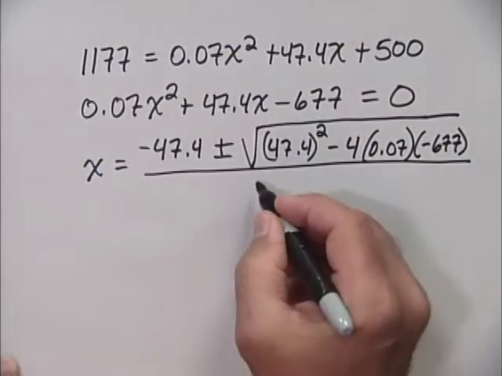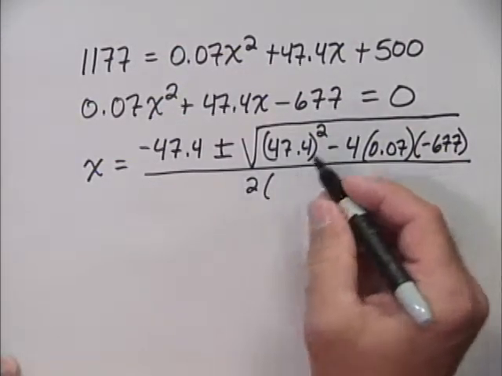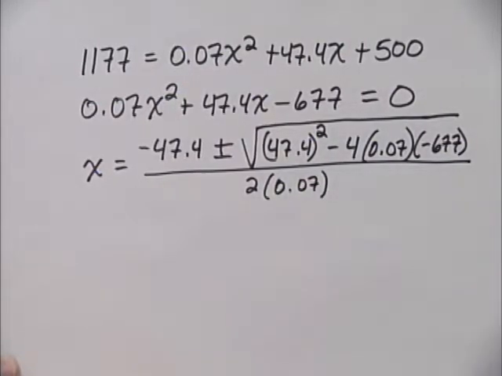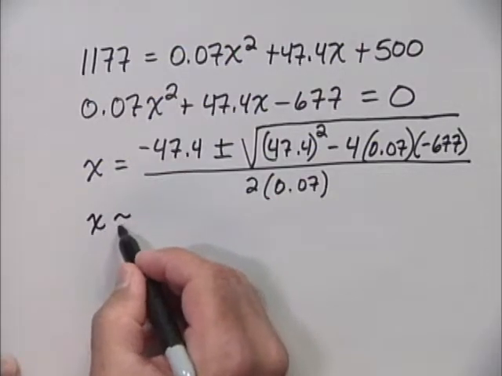All of that divided by 2 times a, which is 2 times 0.07. Now, of course, use your calculator to evaluate this.